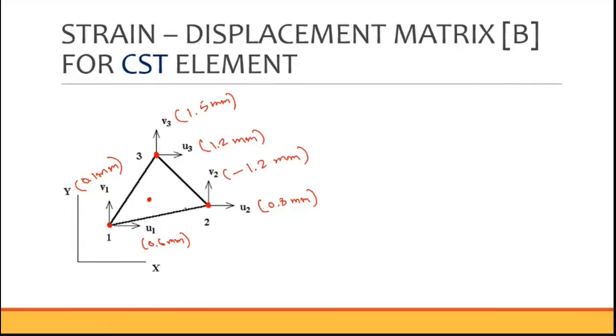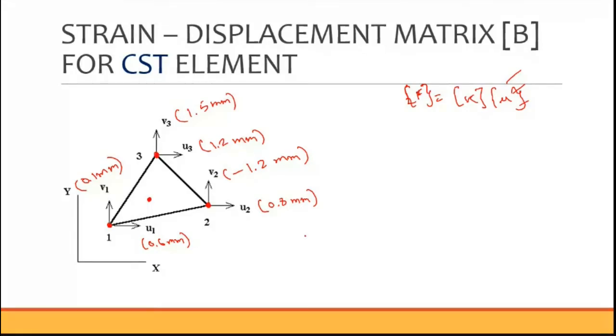I can identify the values of U1, V1, U2, V2, U3, V3 by using our regular stiffness matrix formula, F is equal to K into U. We can apply the boundary conditions, then identify U1, U2, U3, and based on that we can identify these values.